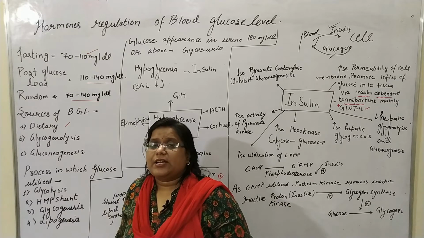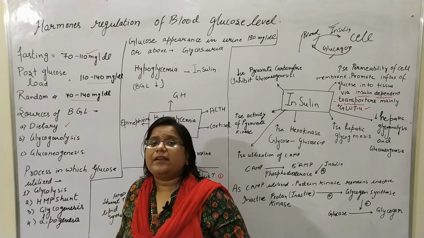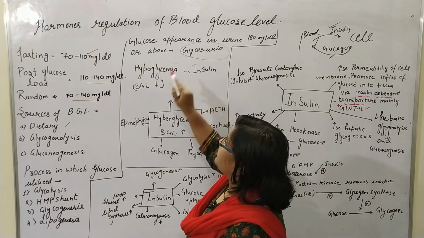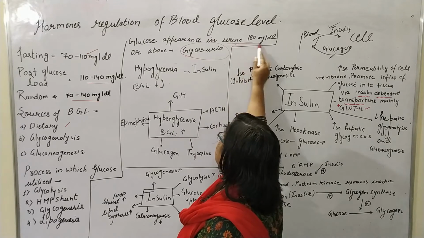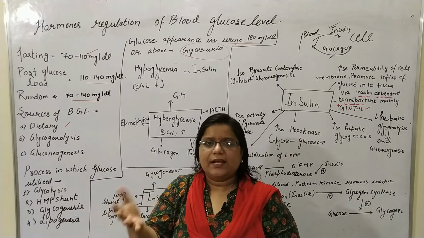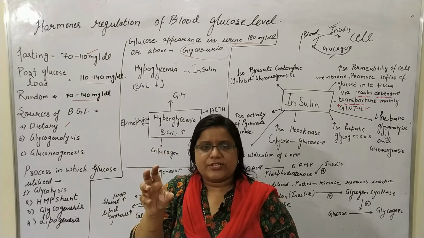In that condition, glucose appears in the urine, and that particular condition is known as glycosuria, because glucose appears in the urine at 180 mg per deciliter or above that concentration.